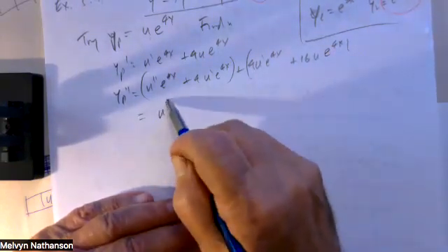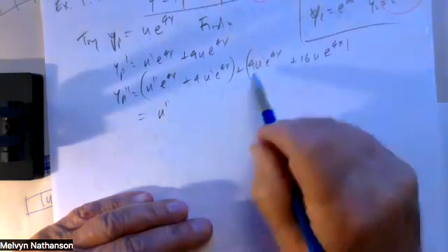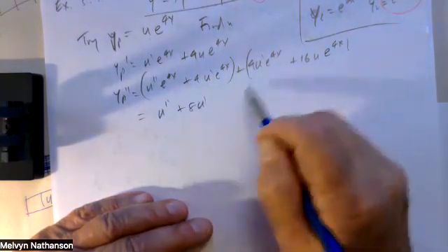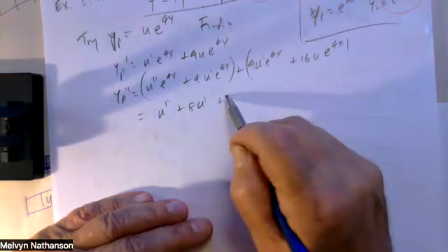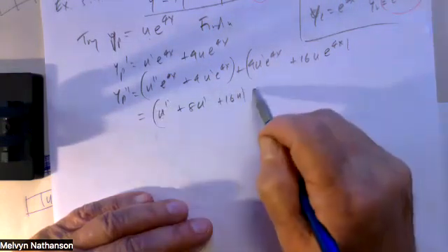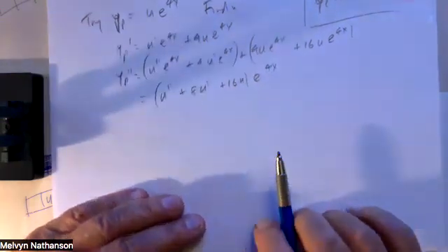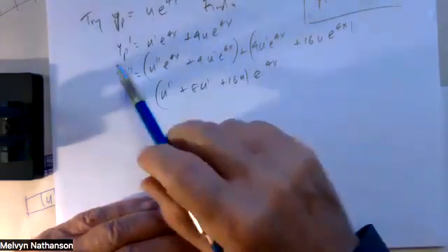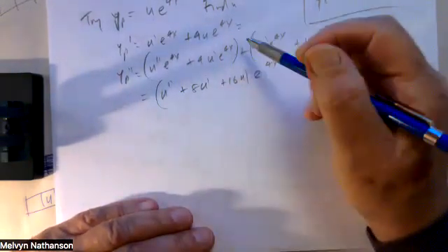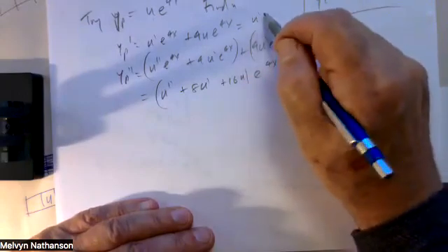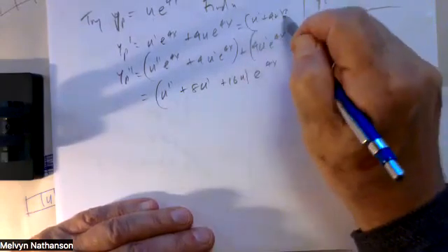So I get u double prime plus 8u prime plus 16u, times e to the 4x. And yp prime, if I factored out the e to the 4x, was u prime plus 4u, times e to the 4x.